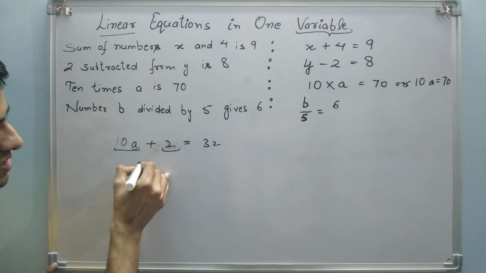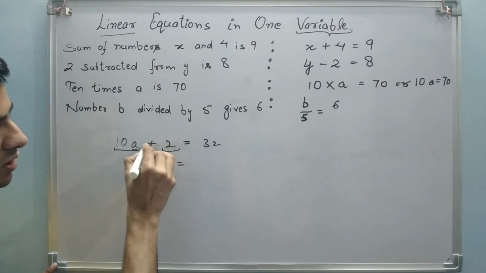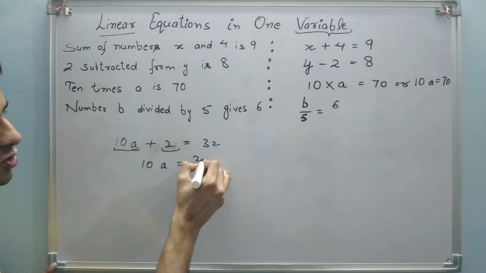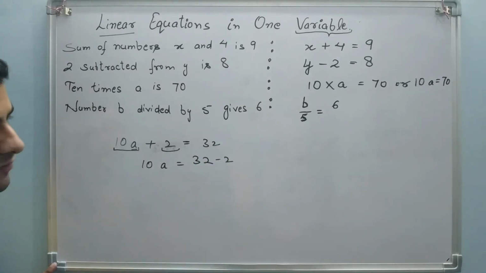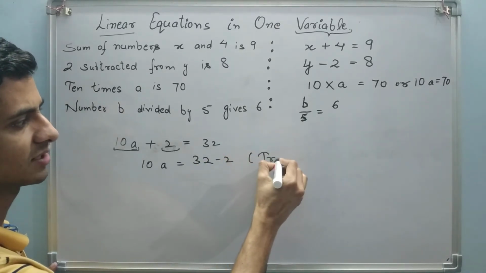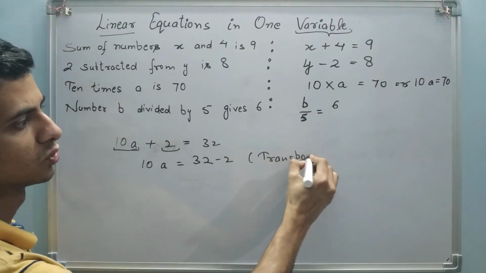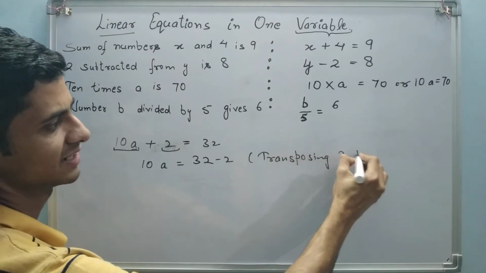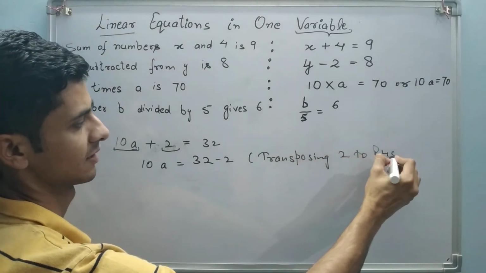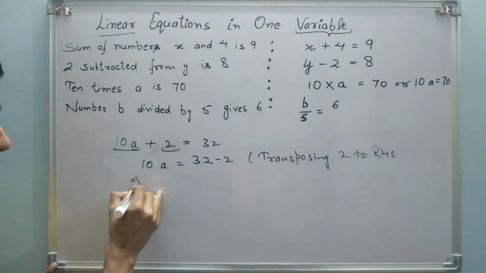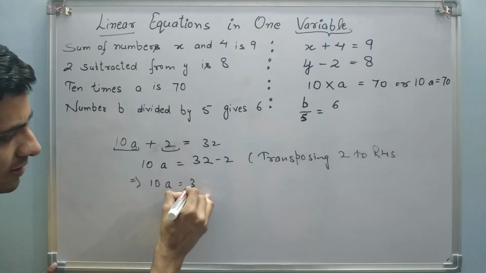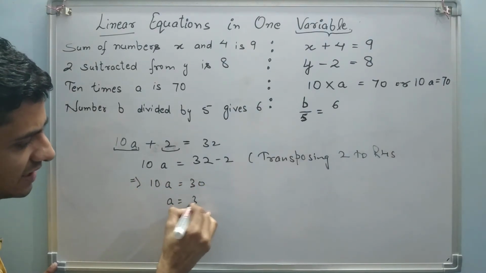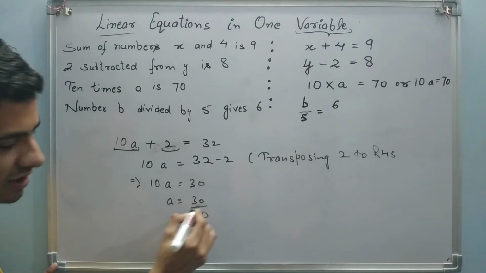So how to remove this 2? When transposed to the right hand side, it will become negative 2. So 10a equal to 30, then a would be 30 upon 10, with the 10 coming in the denominator.